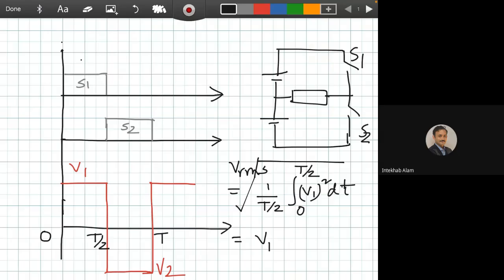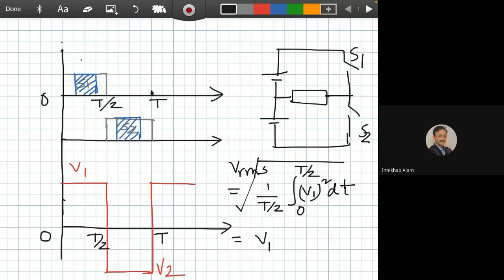Okay, now we'll move forward. If we make the duty cycle of S1 a little bit less, like the blue one, and S2 also, we are changing the timing, T by 2 and then T. Is it understandable?